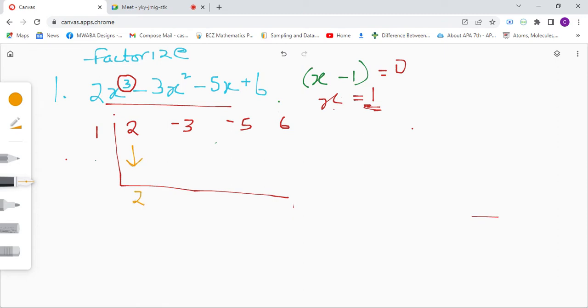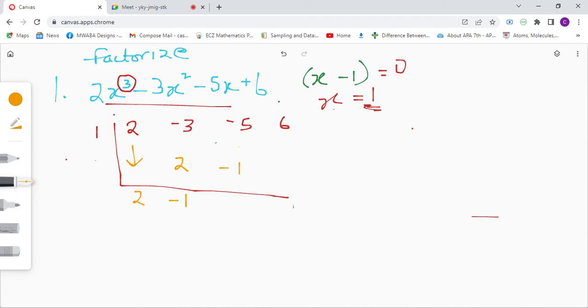1 times 2, that is 2. Negative 3 plus 2, we get negative 1. 1 times negative 1, we get negative 1.